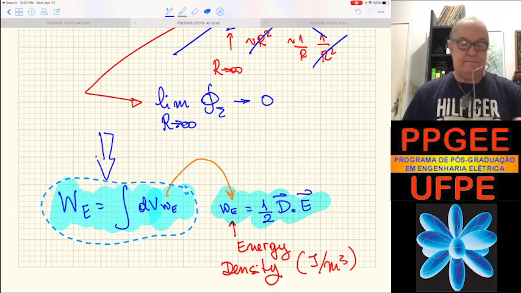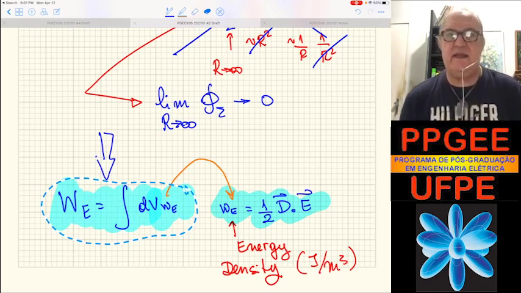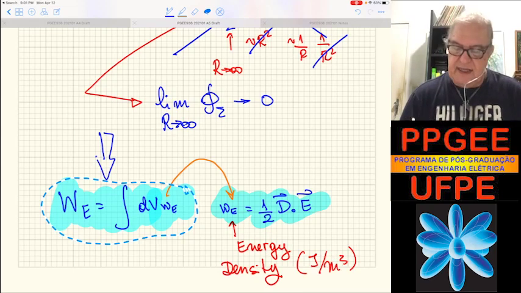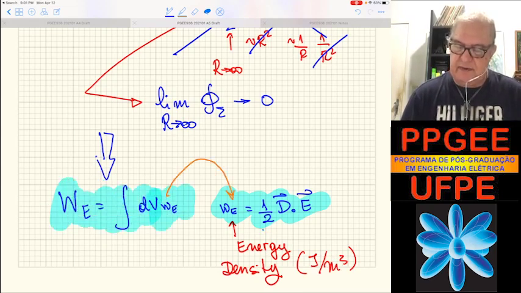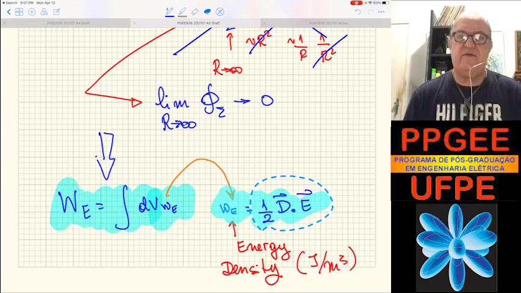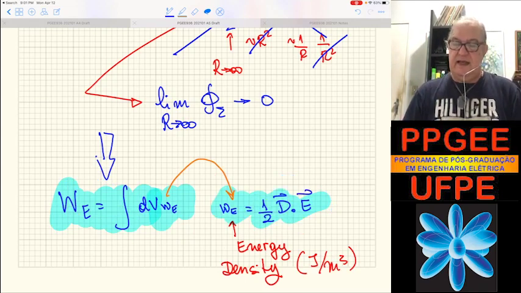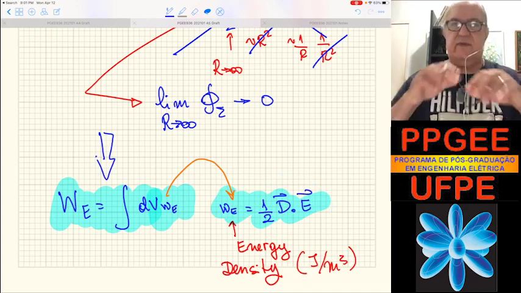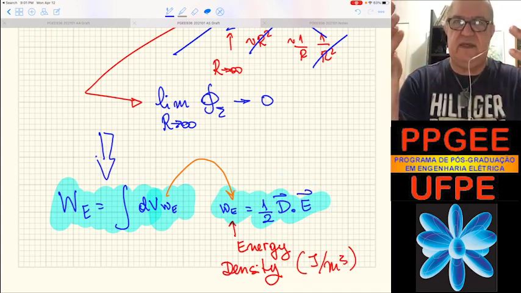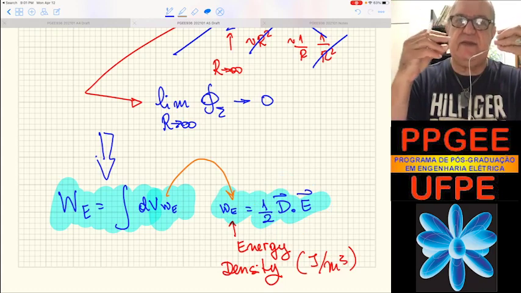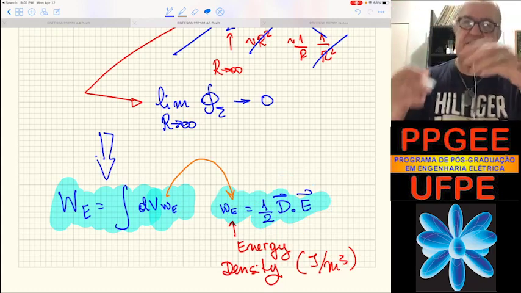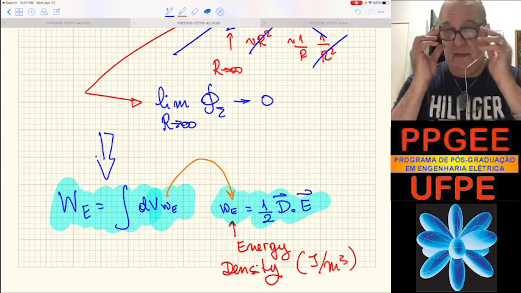Which is the volume density of energy, the energy density. Energy density is this parameter here, 1/2 of D dot E, which is measured in joules per cubic meter. It's as if the space which is filled with field had an energy which depends on the square of the field, because D·E is the square of the field.